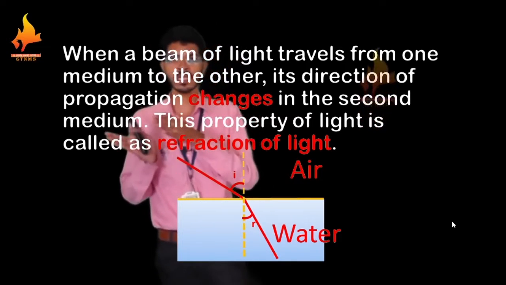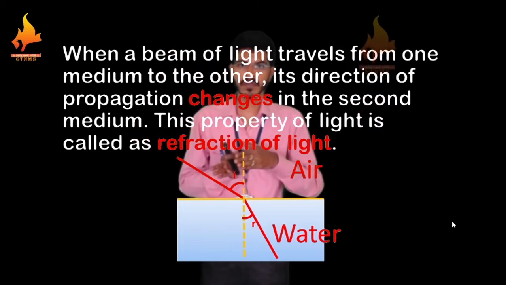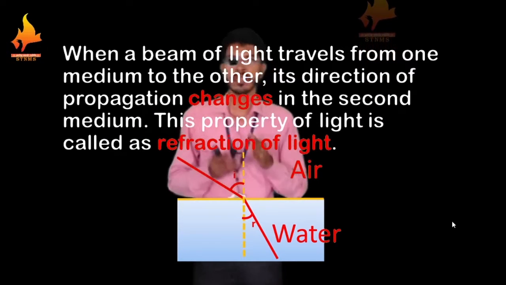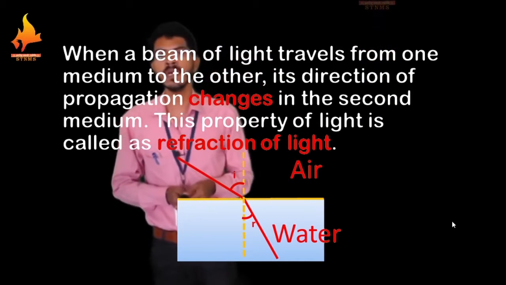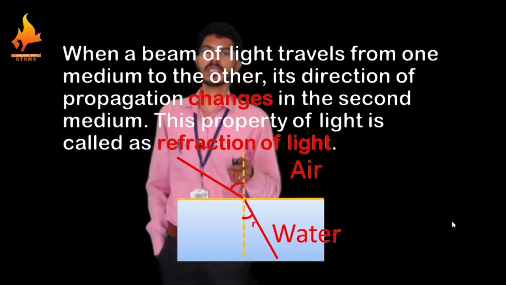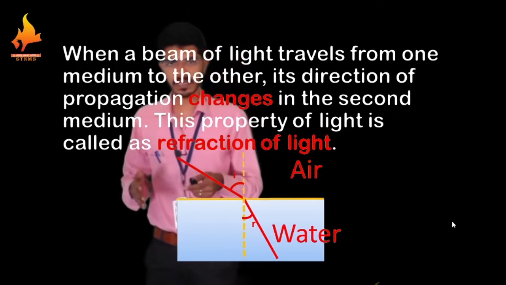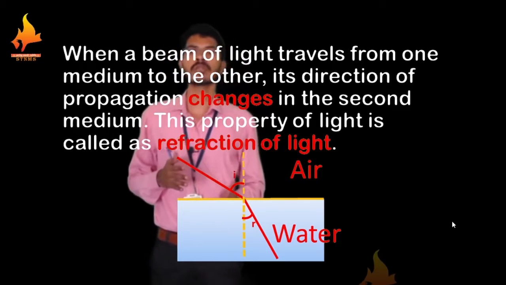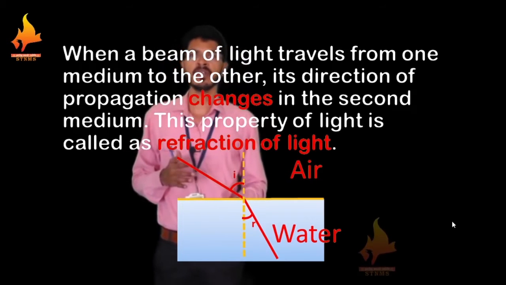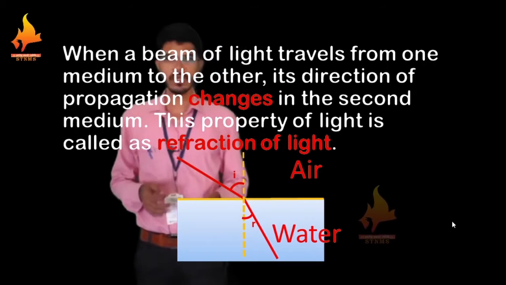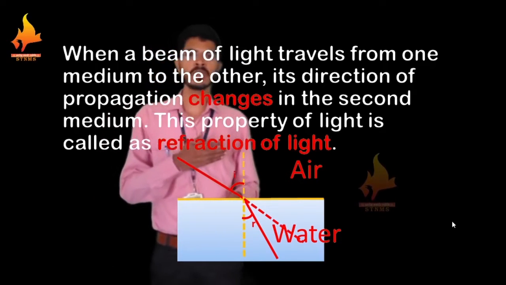So we observe that when a ray of light moves from a rarer media to a denser media, it moves towards the normal. I have already explained this in my definition when I began this class. This is the refraction of light. Let us try to understand more clearly here.